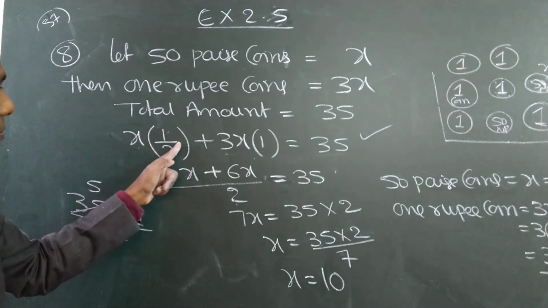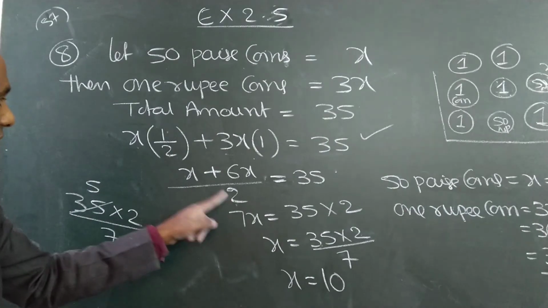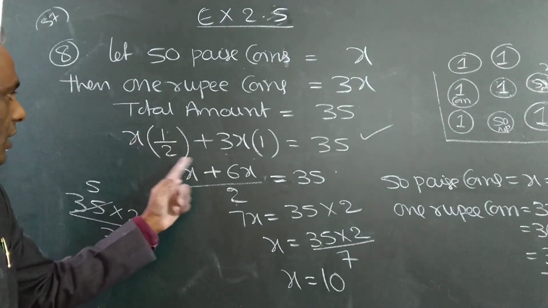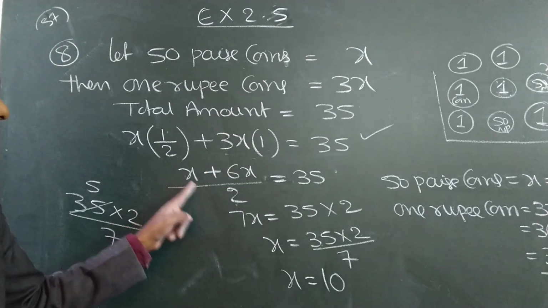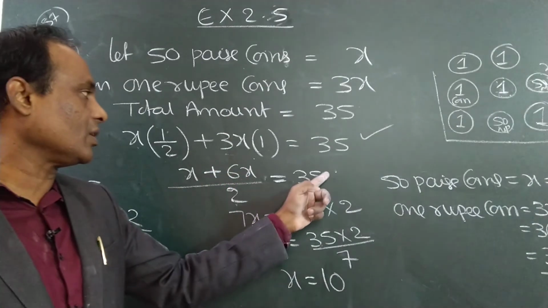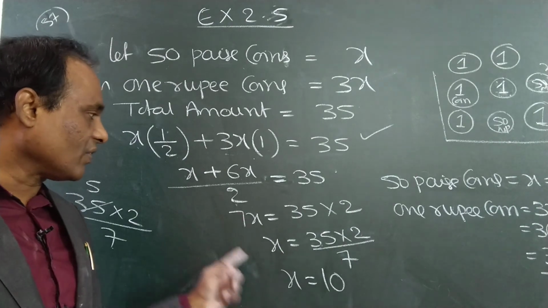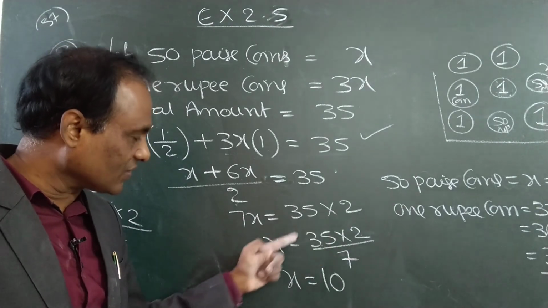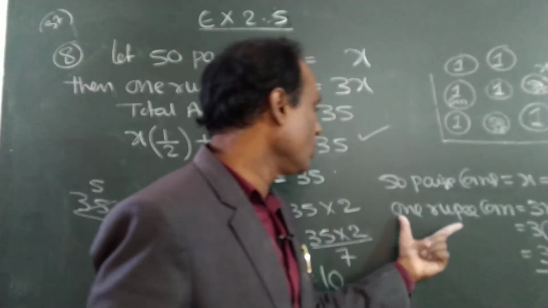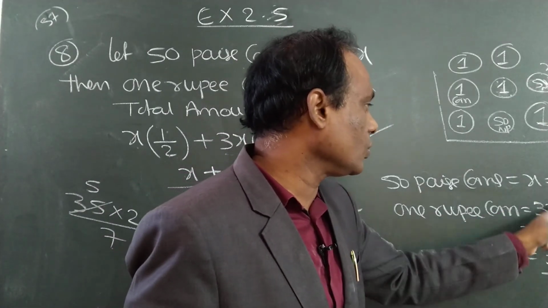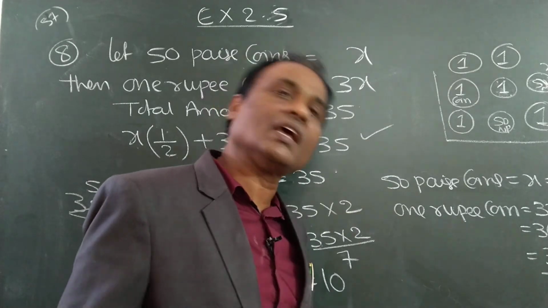So x into 1 by 2 plus 3x. 2 is the LCM, so 6x plus x is 7x, equal to 35 into 2, and 7 will be in the division. 7 5s are 35, 5 2s are 10. So 50 paise coins are 10, 1 rupee coins are 3x, 3 into 10 is 30. So 10 and 30 is the answer.